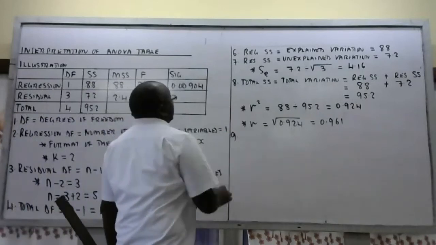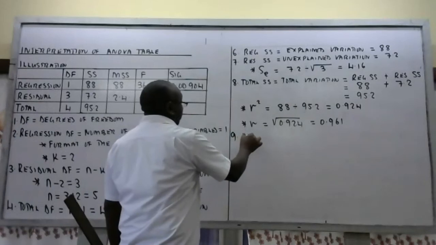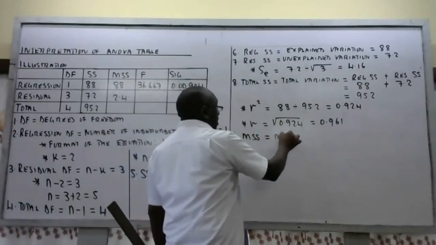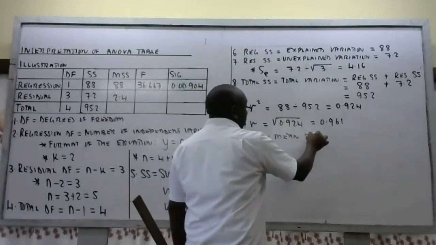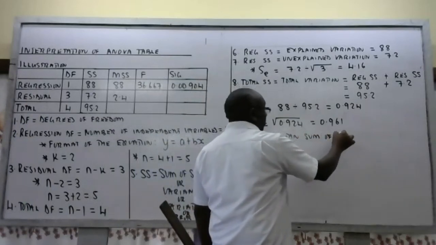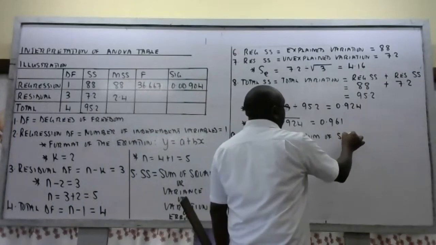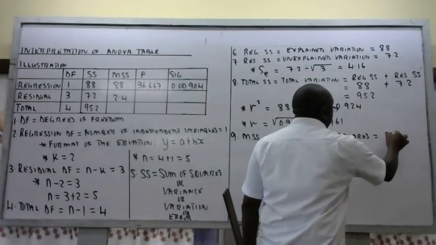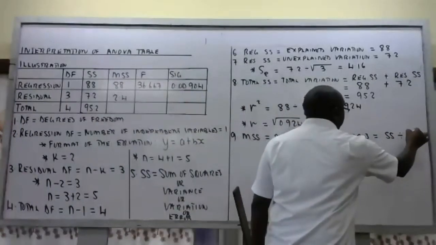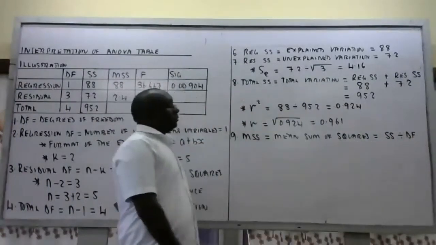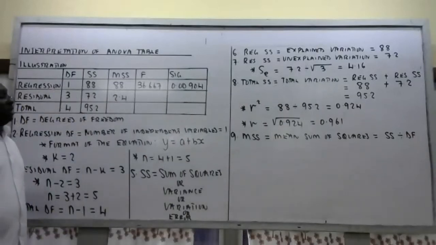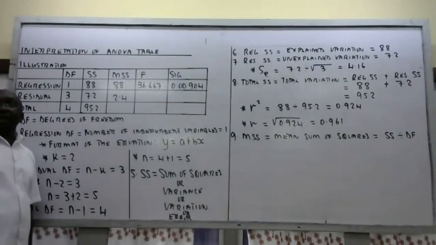Point number 9 is MSS. Now, MSS is called mean sum of squares, and is given as SS, you divide by DF.